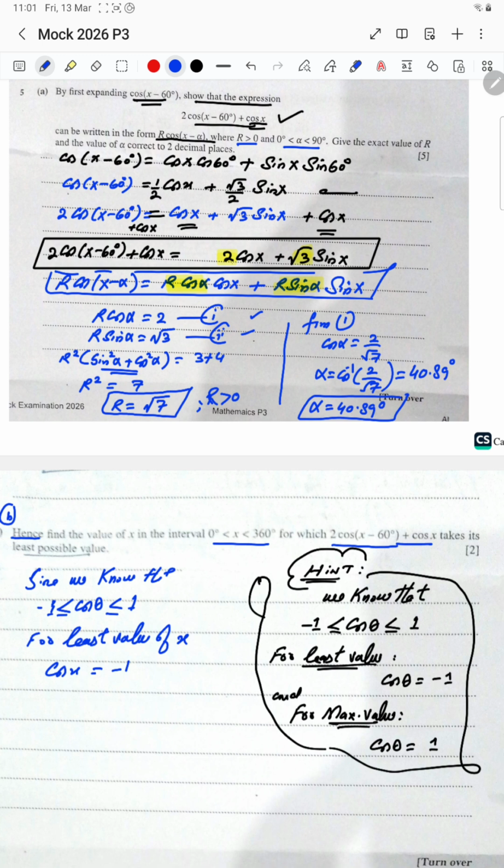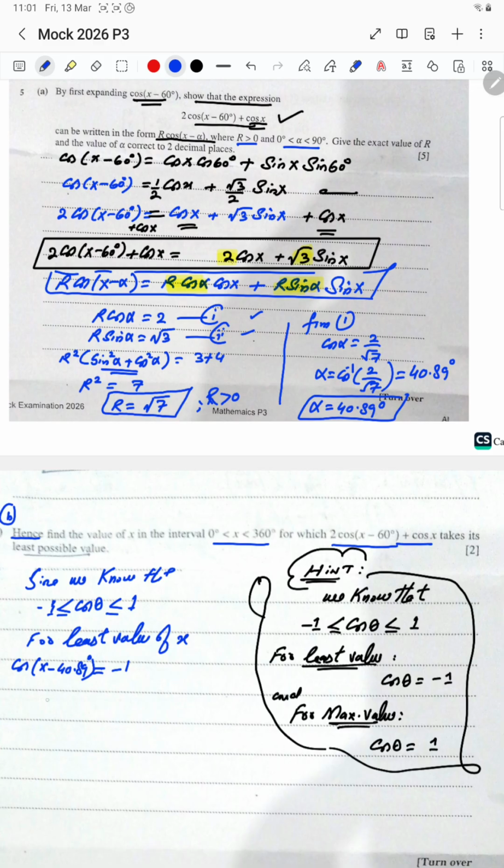And here theta was what? Here let me write cos of x minus 40.89, that should be minus 1, right?